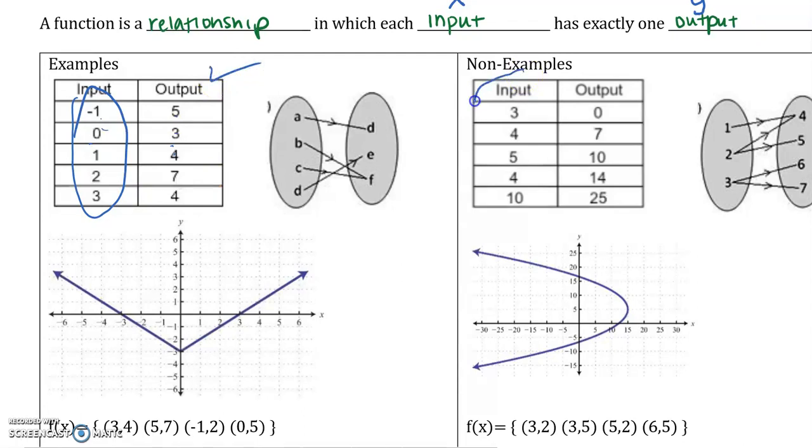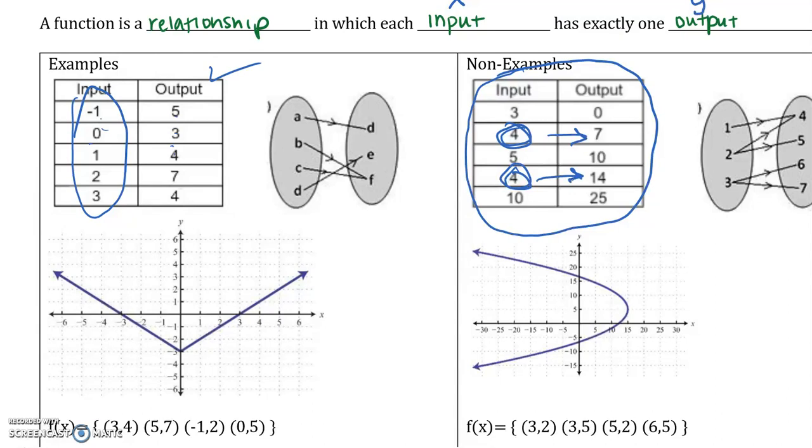If we come over here to the non-example, if you notice, 4 has two outputs. 4 has an output of 7, and 4 has an output of 14. So it's not a function because the 4s have two different outputs.